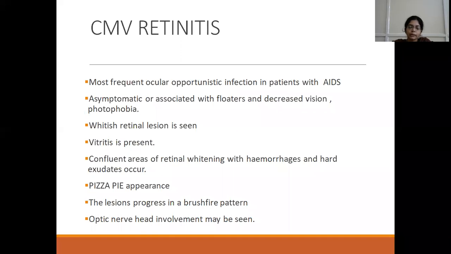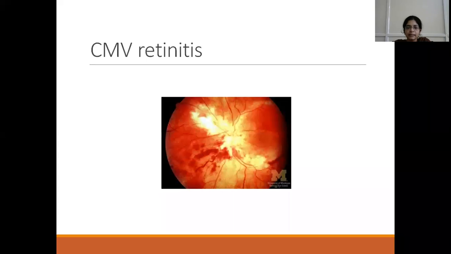Now, what is CMV retinitis or cytomegalovirus retinitis? It is the most frequent ocular opportunistic infection in patients with AIDS, especially. Because it is causing retinitis, the symptoms would again be floaters and decreased vision mostly. As you can see, there is this whitish retinal lesion.